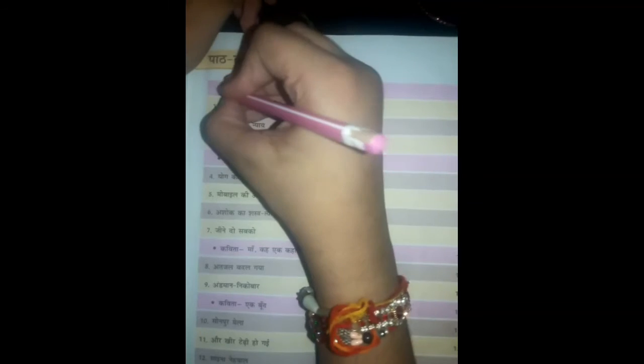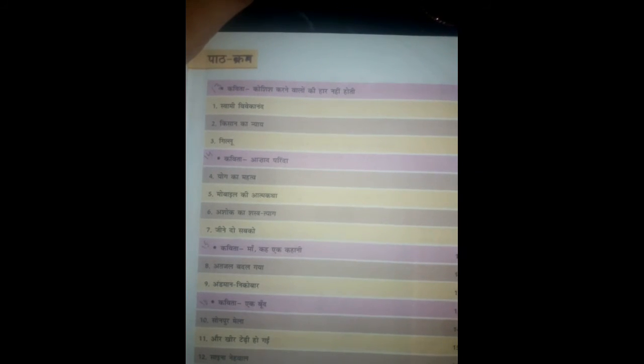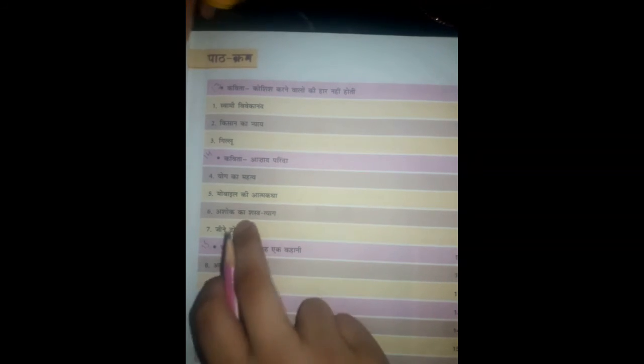Chapters 1 to 12 are written already. Then chapter numbers 13, 14, 15 and 16. So there are 16 chapters, of which we have to study till chapter 8. Chapters 1, 2, 3, 4, 5, 6, 7, 8.